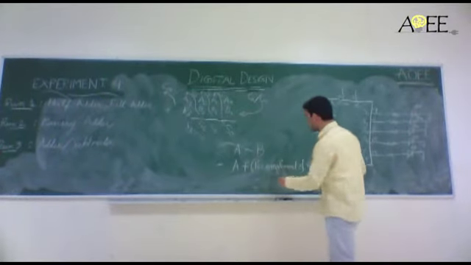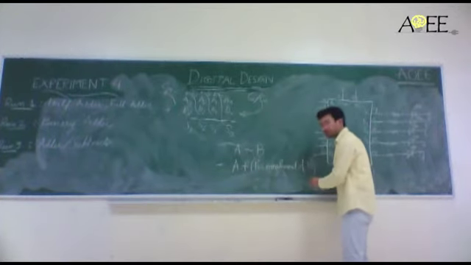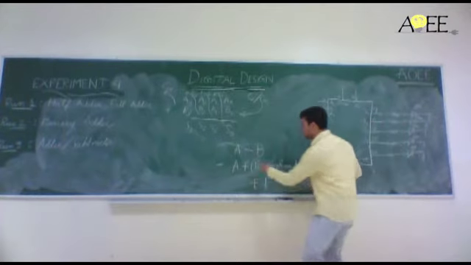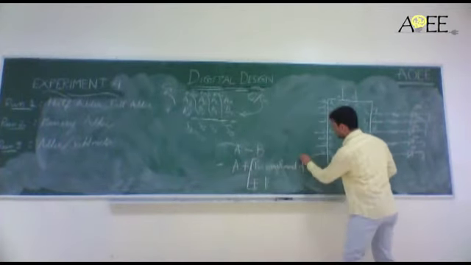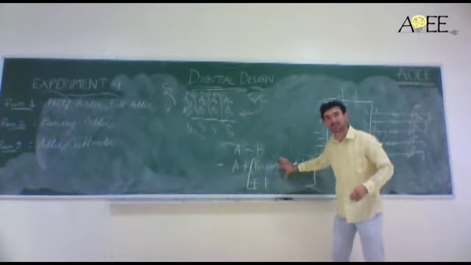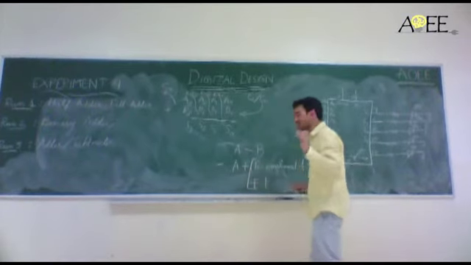If you want two's complement, then A minus B can be written as A plus one's complement of B plus 1. This gives me A plus 2's complement of B. So this is subtraction.